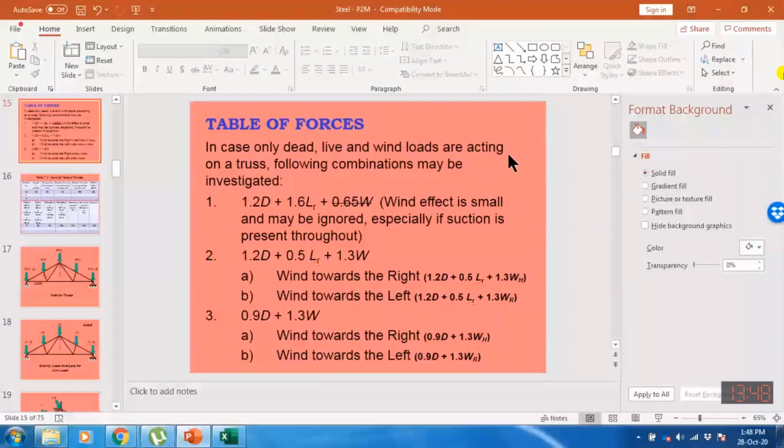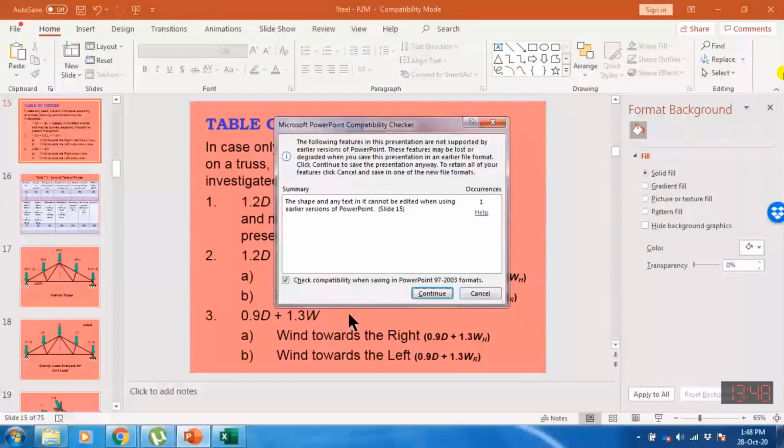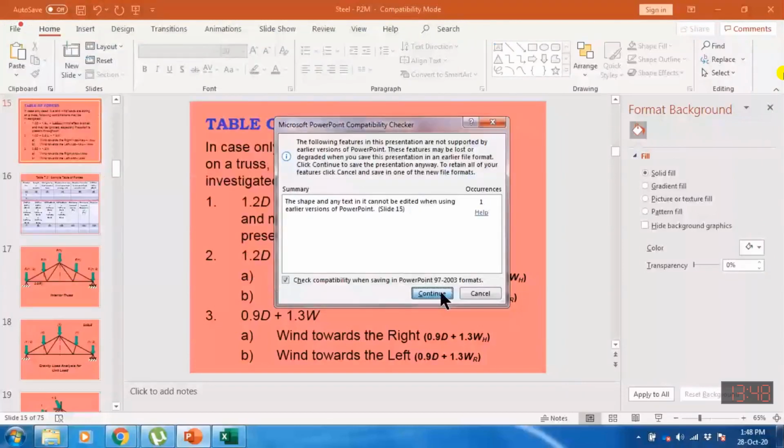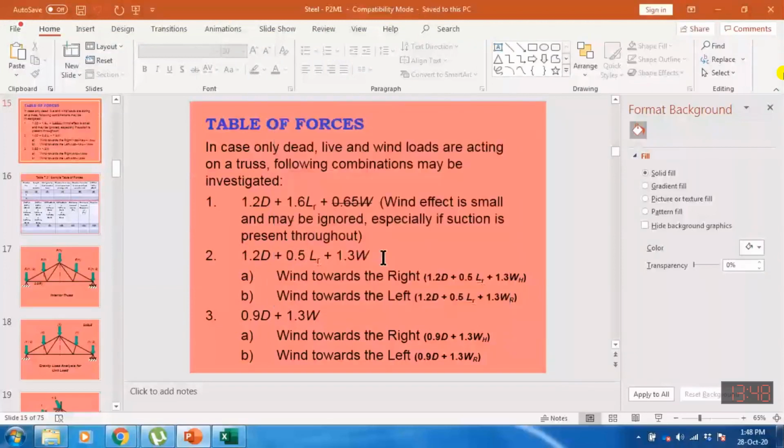Now in this table of forces, just understand what WH is. H means hinge side and this is the roller side. Okay, just see now the table of forces.